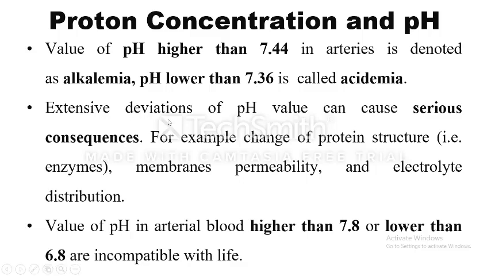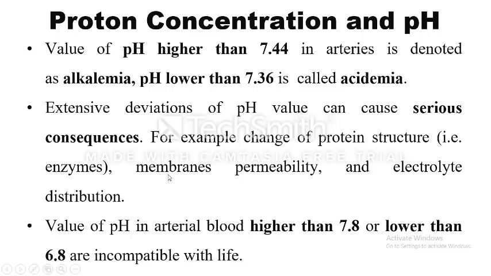Extensive deviation, increase or decrease, of pH value can cause serious consequences in our body. For example, change in protein structure. Protein structures can be changed, and most of our enzymes are made up of proteins. So if the pH is changed, these proteins or enzymes change their structures and they cannot perform their functions properly.